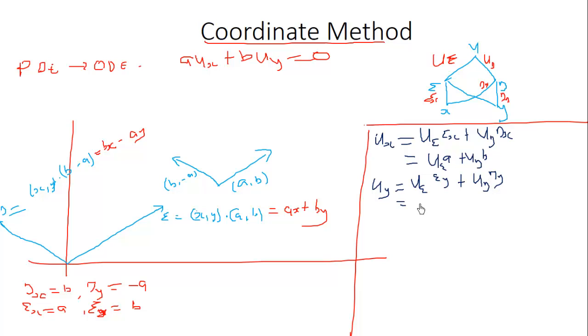So we simplify this to get u zeta b plus u eta, then minus a.